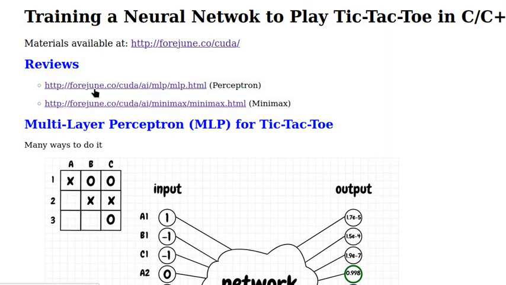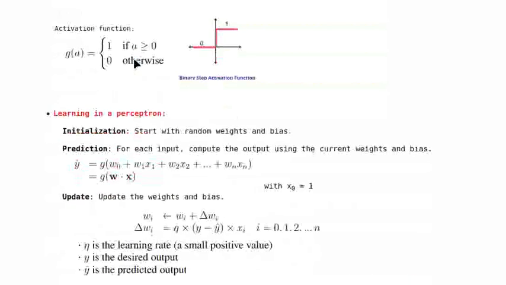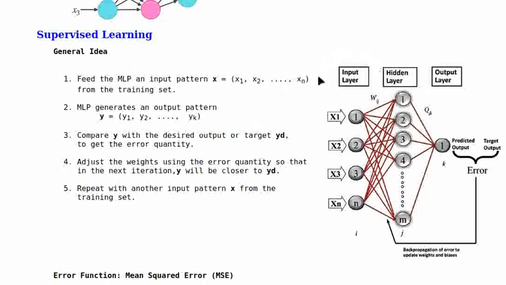This link goes over the basic ideas behind the multilayer perceptron, MLP. We discussed before that a multilayer perceptron is a supervised learning process in artificial intelligence. An MLP consists of an input layer, one or more hidden layers, and an output layer.